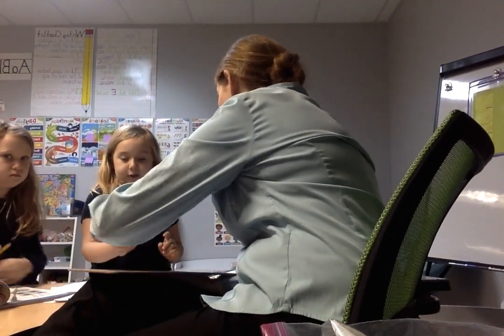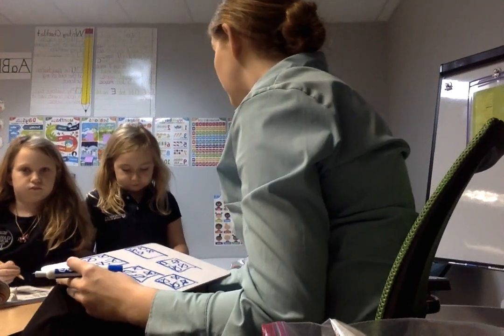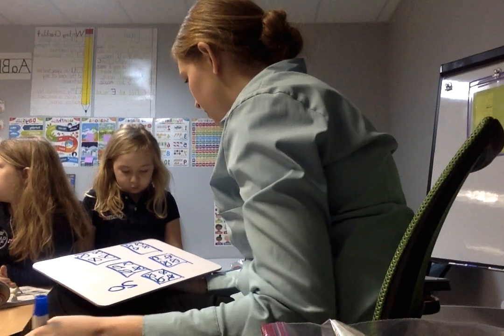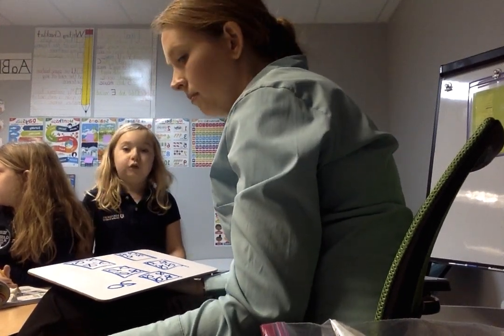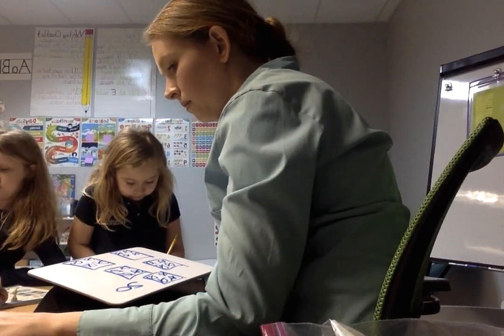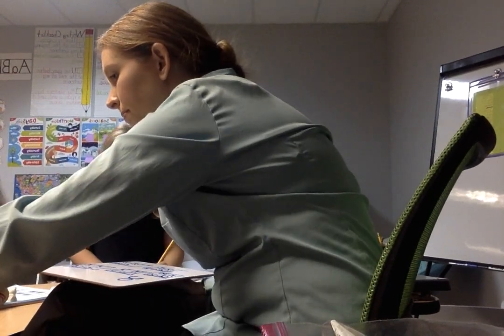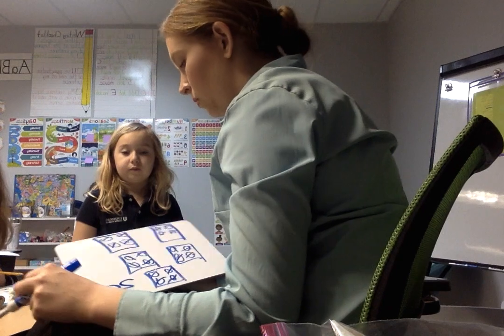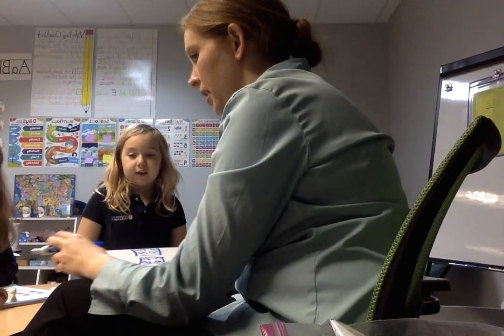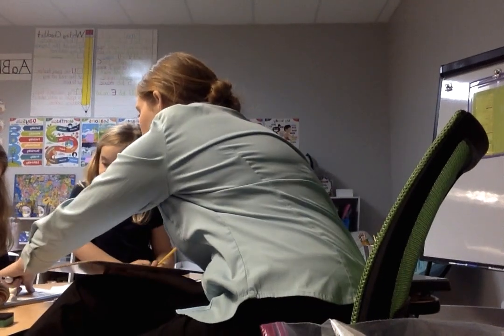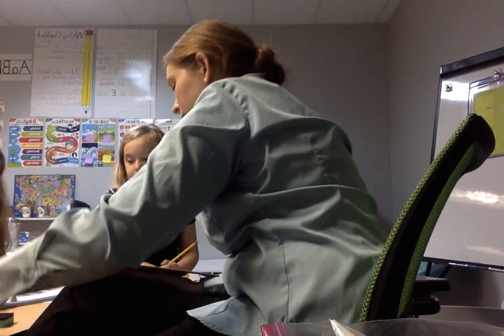So how many pieces of cauliflower are there? 20. 20 pieces. 4 plus 4 plus 4 plus 4 equals 20. So 4, 5 times is 20. Alright, so there are 20 pieces of cauliflower all together. How many pieces were there all together?